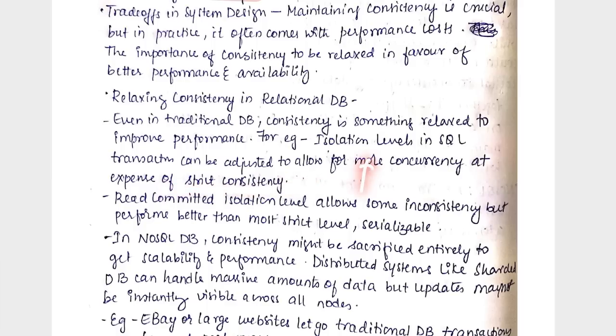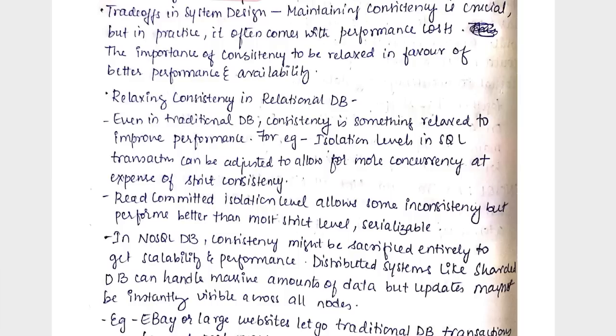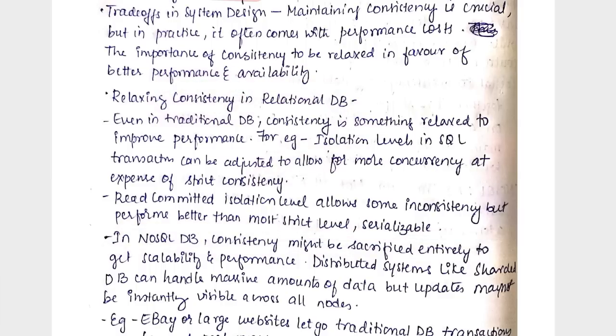So here the read committed isolation level will allow some inconsistency, but performs better than the most strict level, that is serializable. So even by letting go of consistency, if we are getting better performance, then why not? Even relaxing of these consistency rules is followed in relational databases.